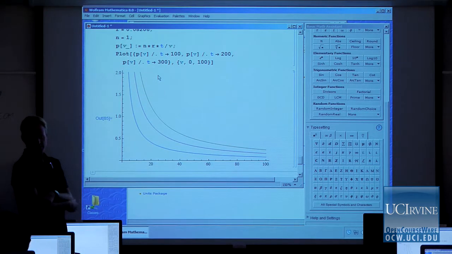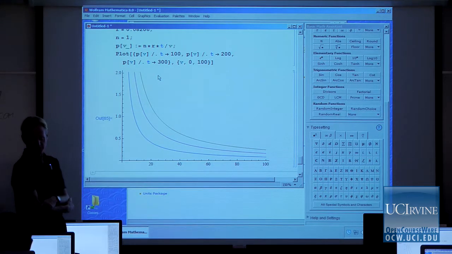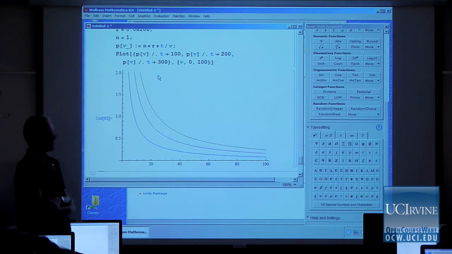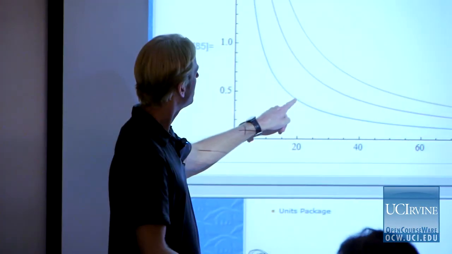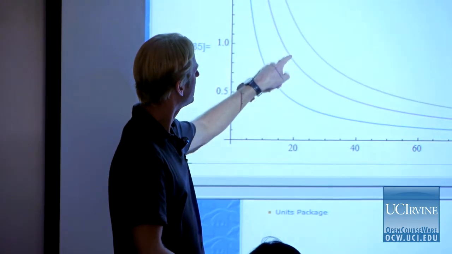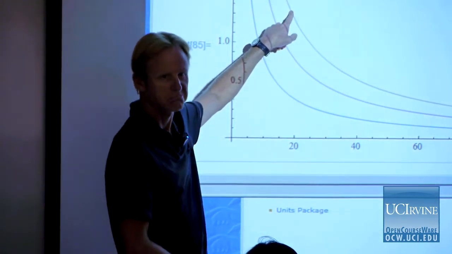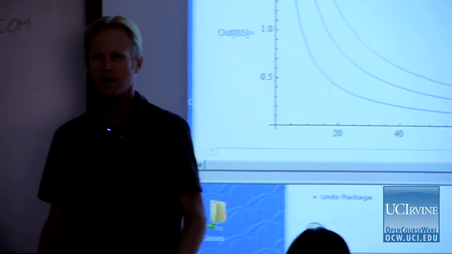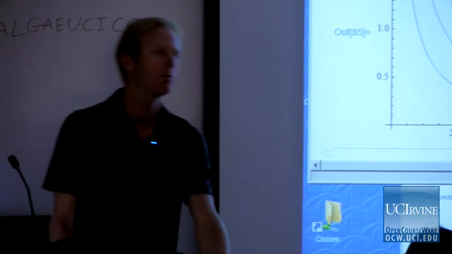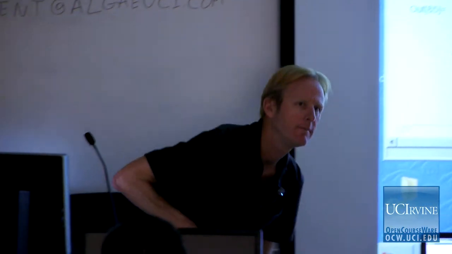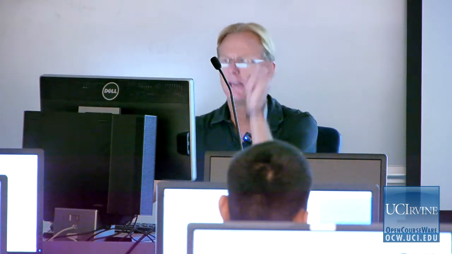What happens to the pressure as I increase temperature at a given volume? It goes up. So we know then that this should be the lowest temperature, intermediate temperature, and highest temperature. What else could we do? We could put a legend. Let's do it. How do we put legends?